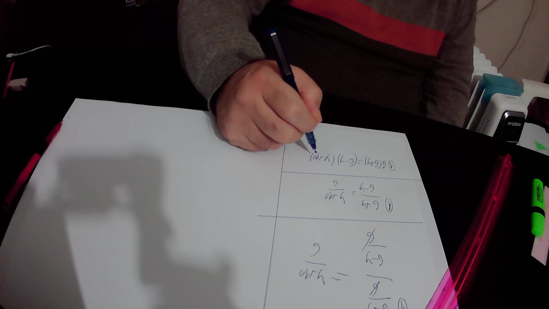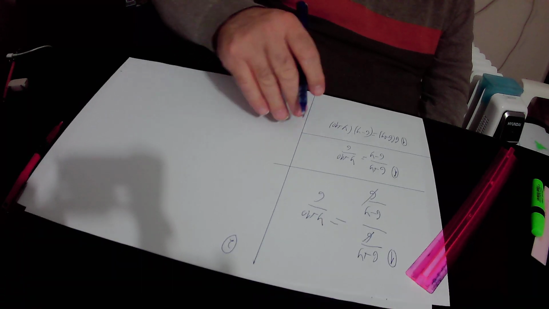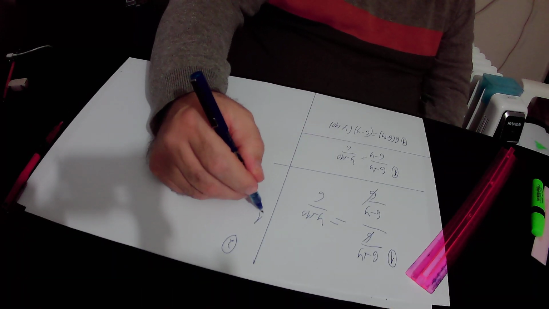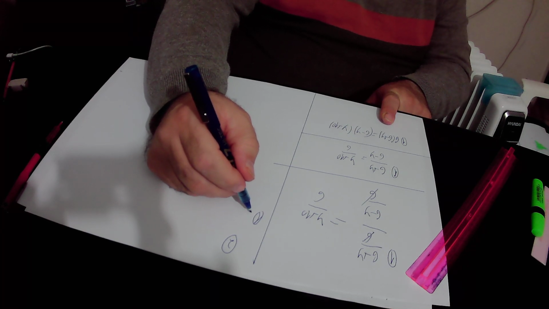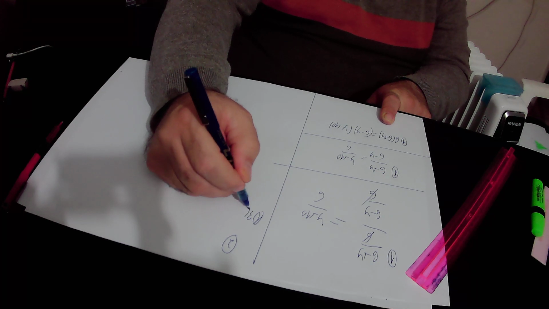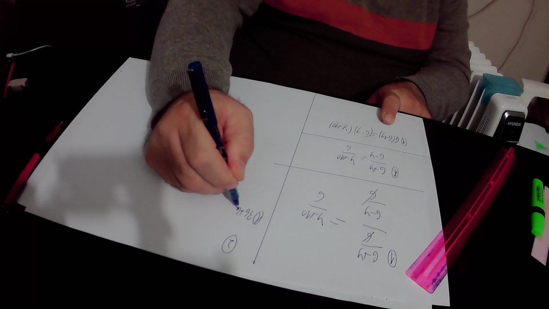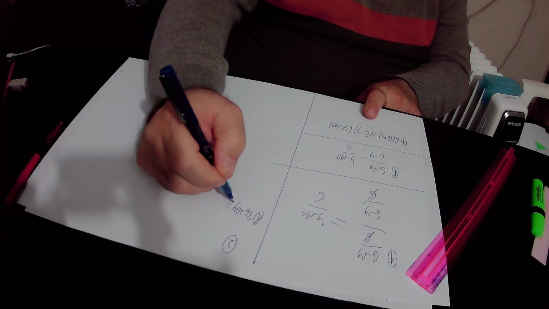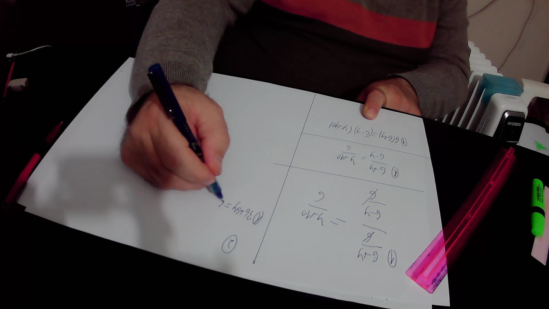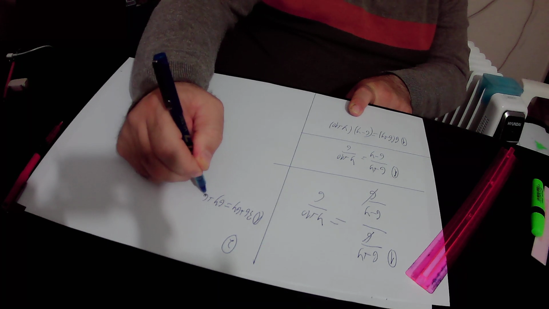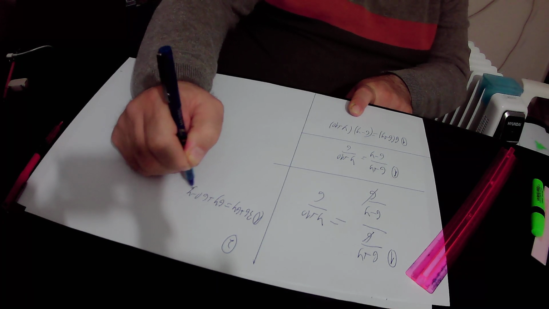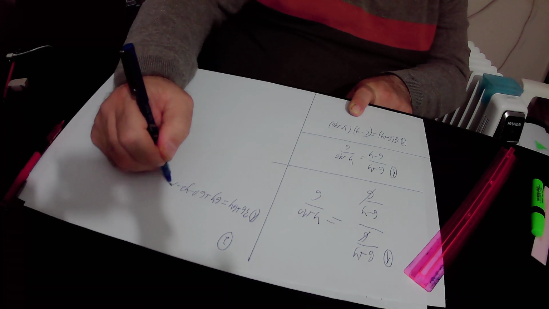Here we'll open the brackets on both sides of this equation, and on this side we have 6 times 6 is 36, plus 6y, and it is equal to 6y plus 60 minus y squared minus 10y.